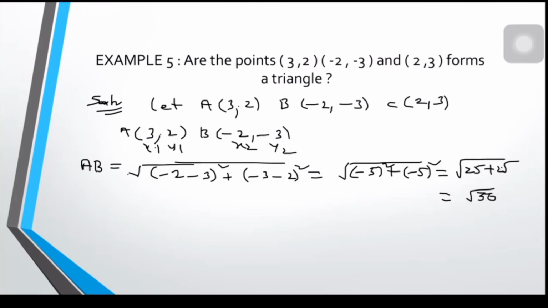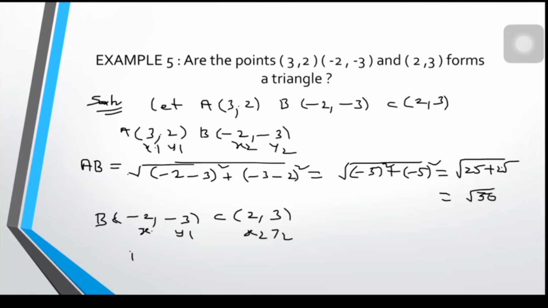Next BC. B point (minus 2, minus 3), C point (2, 3). So x1, y1, x2, y2.